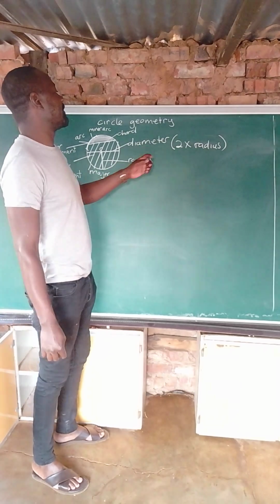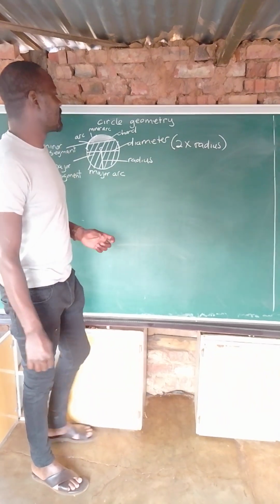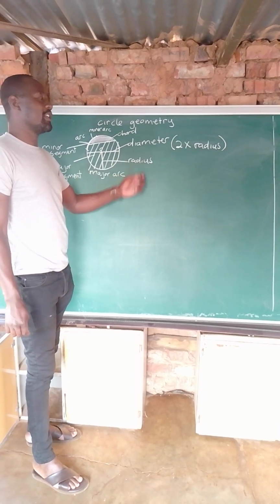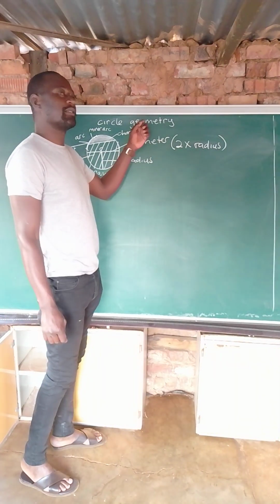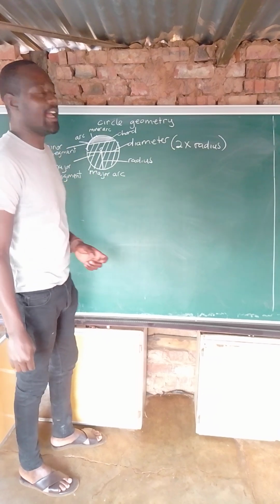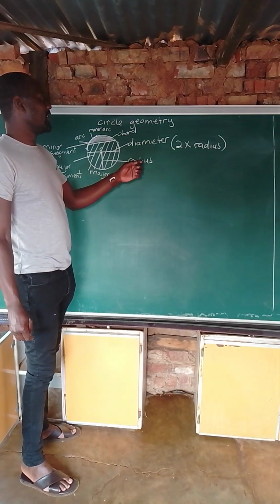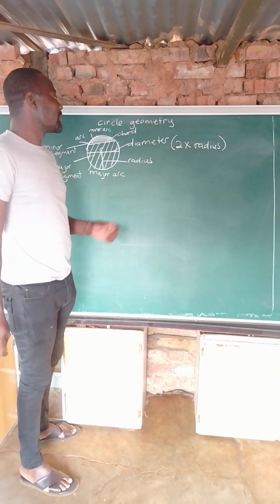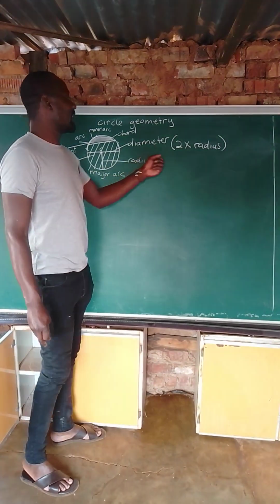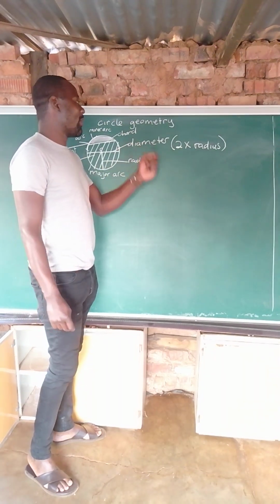If you have the diameter and you want to find the radius, you can easily find it, because the radius is half the diameter. So 2 radiuses give 1 diameter.